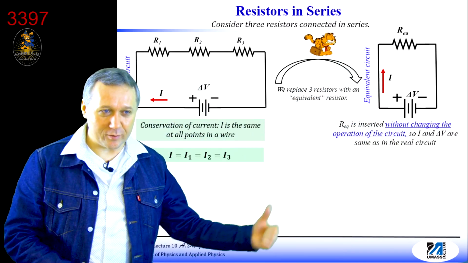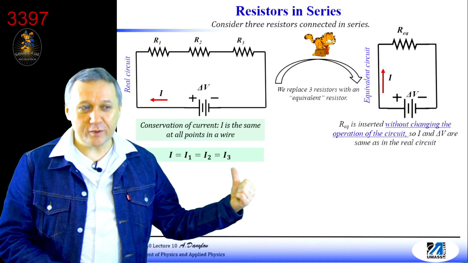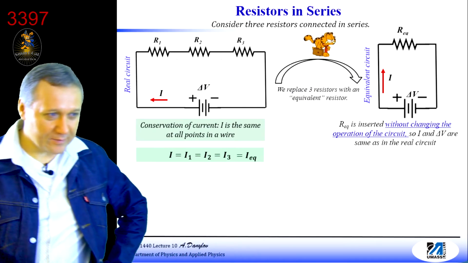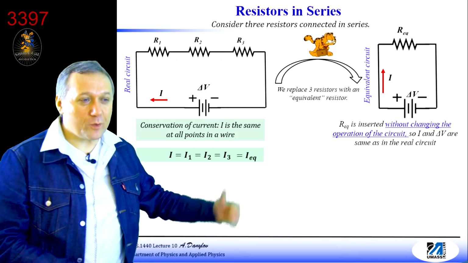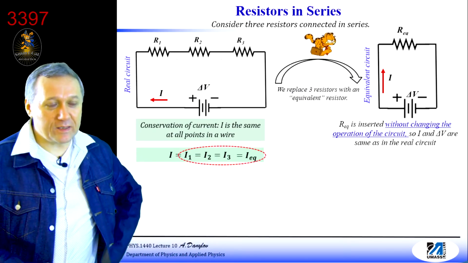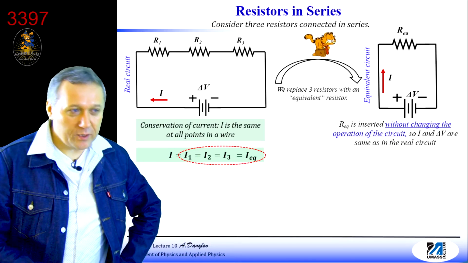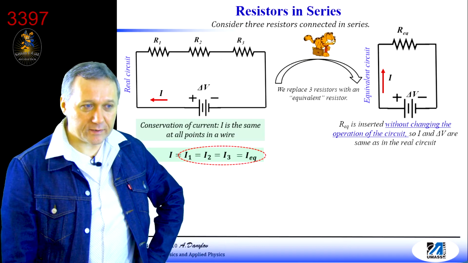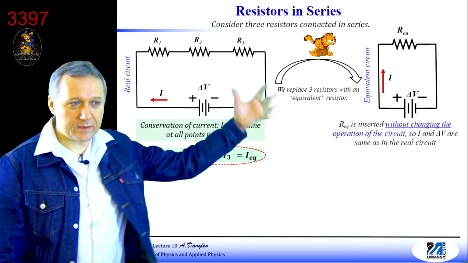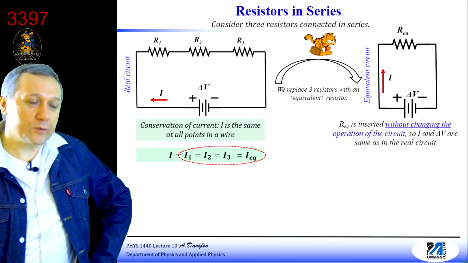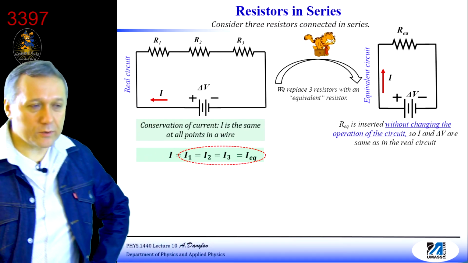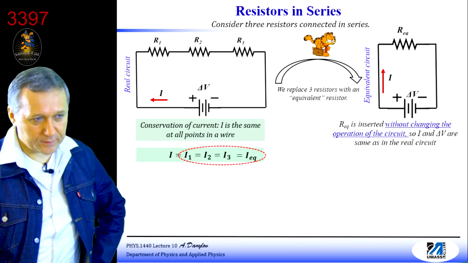So I can add to this line that it also equals I, the current which goes through the equivalent resistor. So this is an important piece of physics, which we will need to analyze circuits full of resistors connected in series and in parallel. In this case, the current through the equivalent resistor equals the current which goes through resistors connected in series.